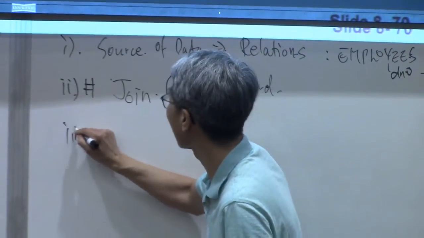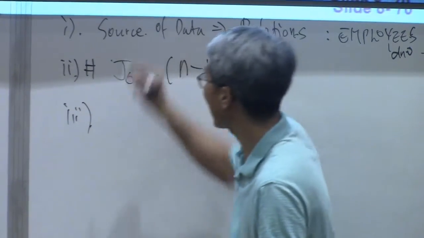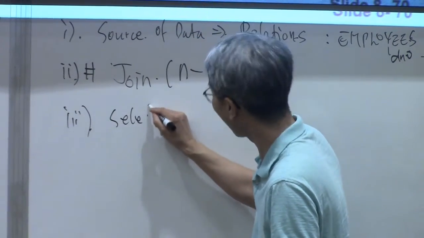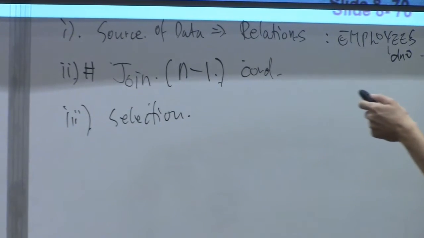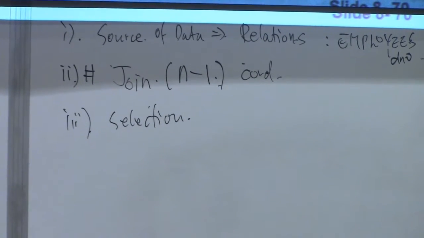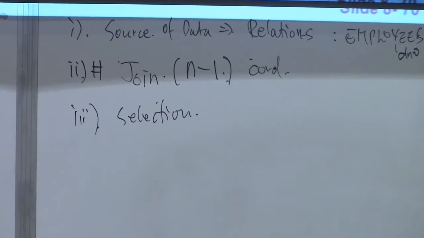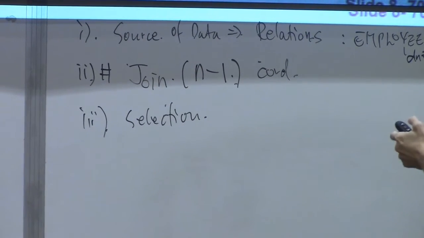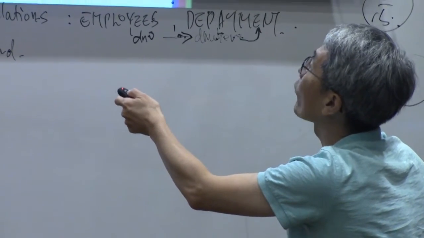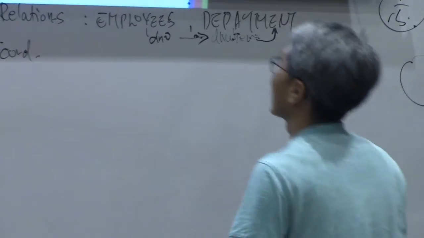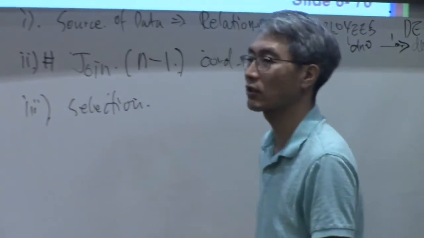So always identify this. The next thing is to identify the selection condition. You always have a selection condition. In this case, what is the selection? It's like filtering. What is the filtering? Who works for the research department? It's the filtering. Not all employees' department information, only the research department. So we can use the research department as the selection condition.